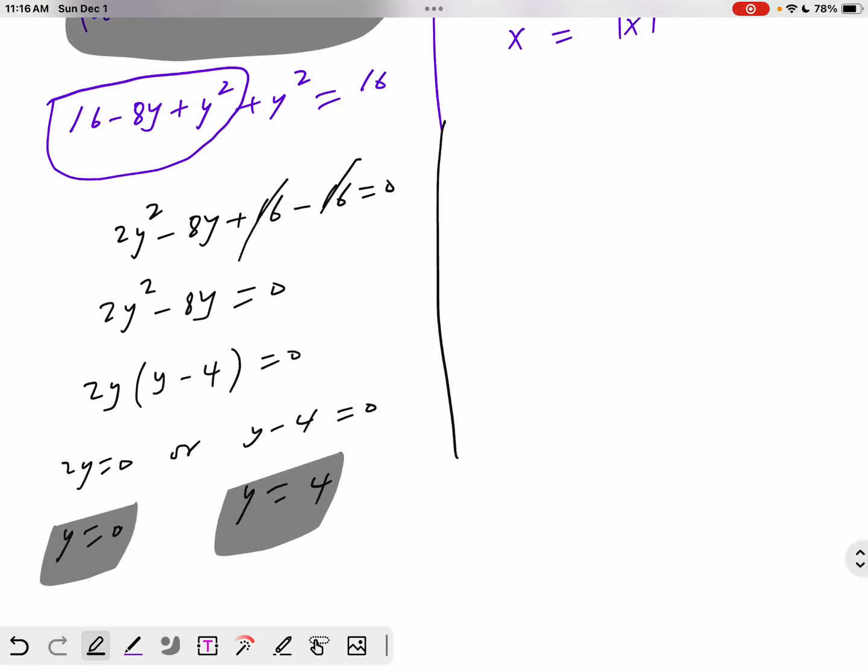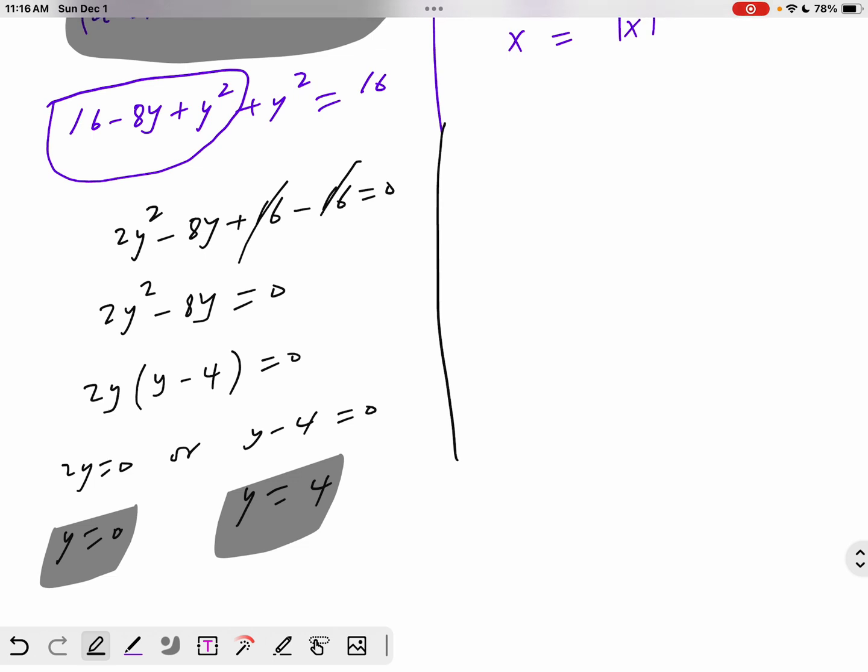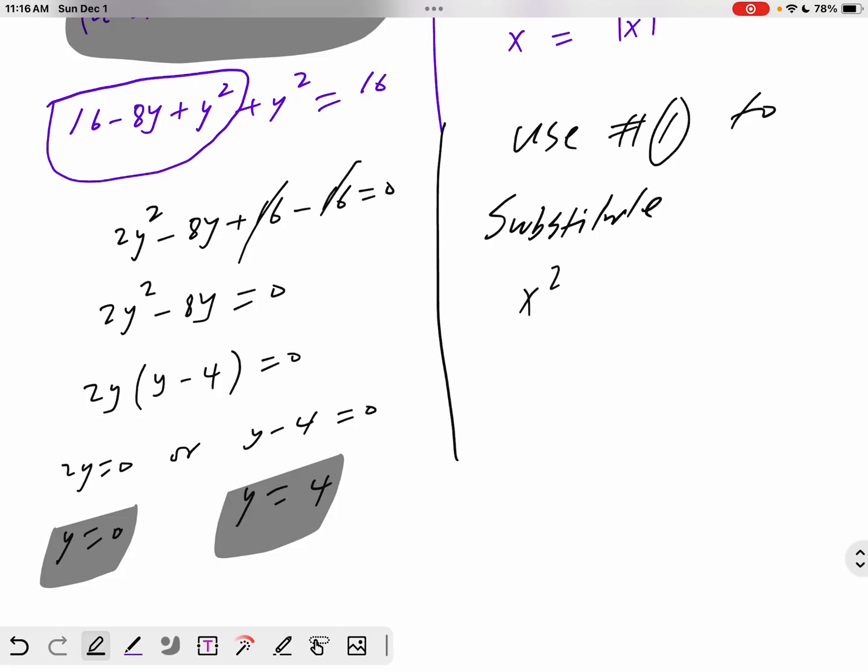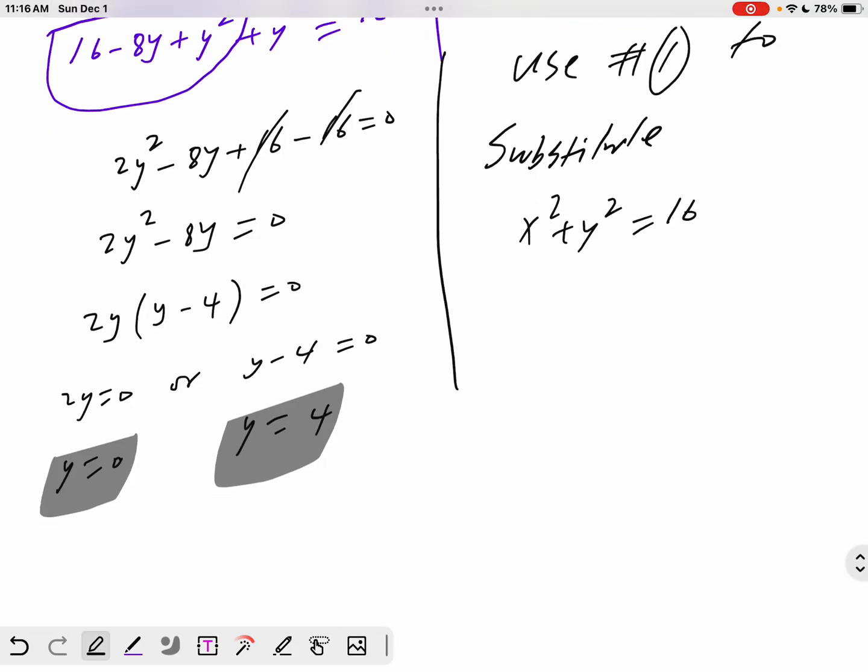Let's try it. So let's use number 1 to substitute. So the first one, x squared plus y squared equals 16. That's the main equation, so we're going to use number 1.